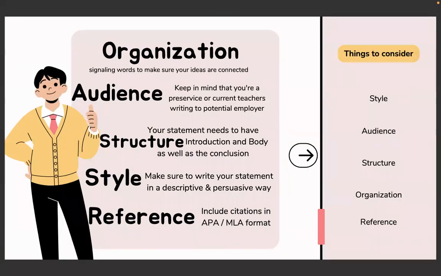And here are some things to consider. First, organization. Use signaling words to make sure your ideas are well connected. Audience. Always keep in mind that you're a prospective or current teacher writing to potential employers. Structure. Your statement needs to have an introduction, body, as well as conclusion.